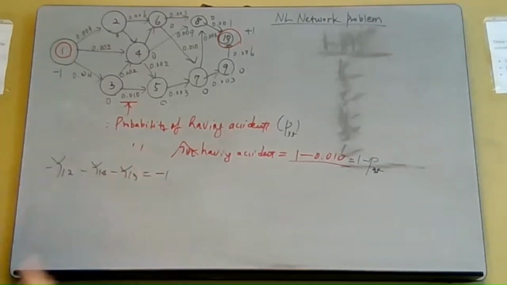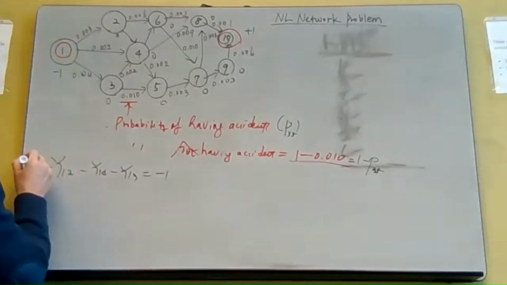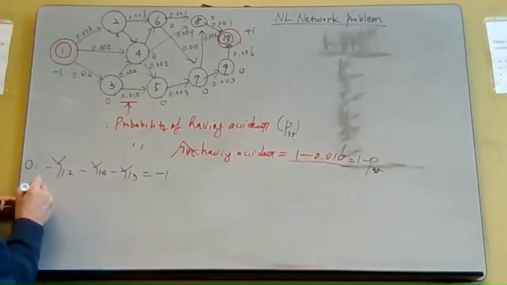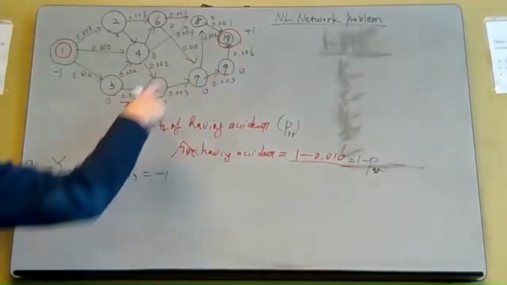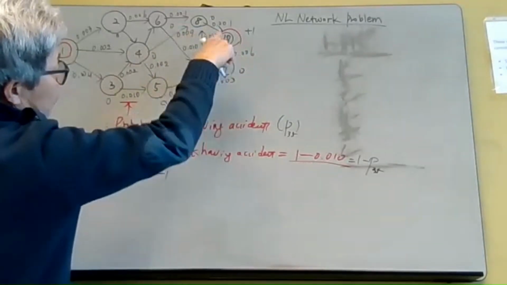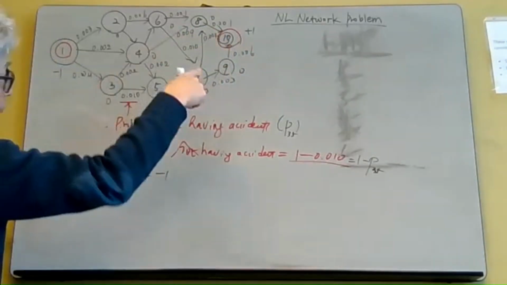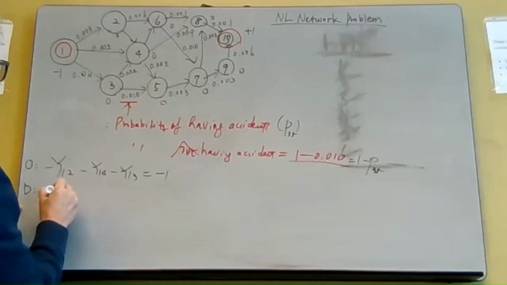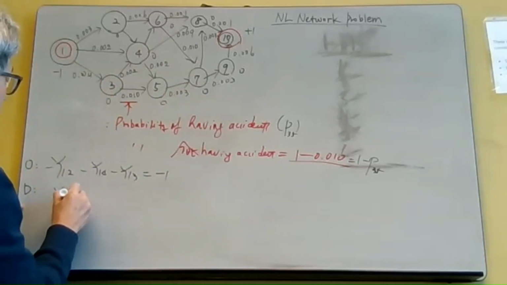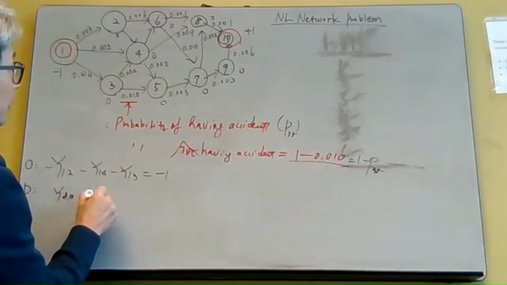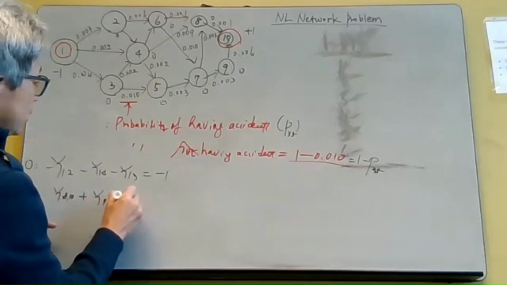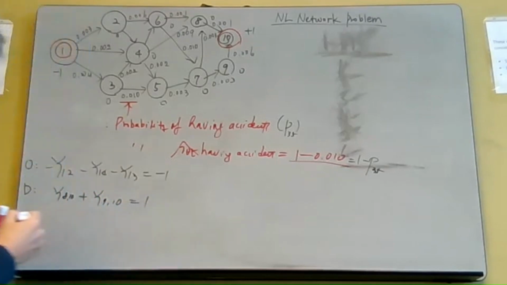So we're gonna do this for all other nodes. That is the origin node. So what about the destination node? We'll have inbound flows from 8 to 10 and 9 to 10 should be equal to 1.